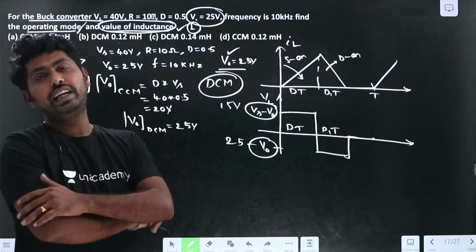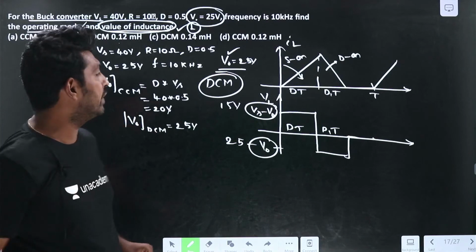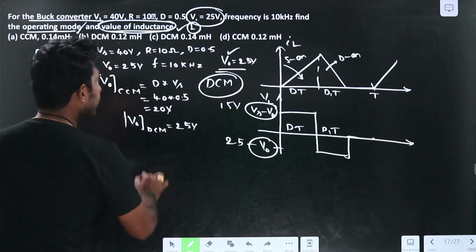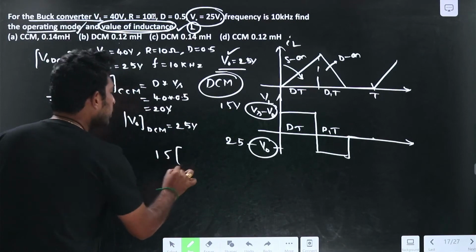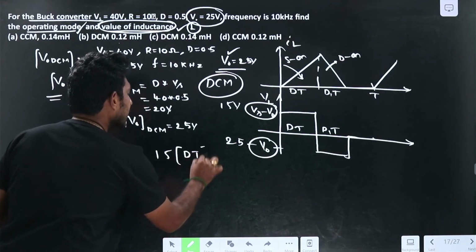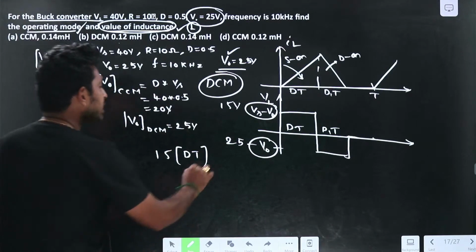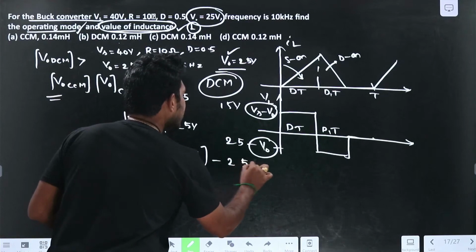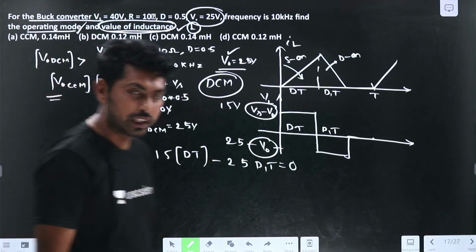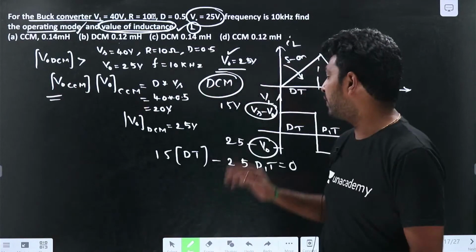Try to find the d1 value. How can we find it? 15 into dT minus 25 into d1T equals 0. From this I can find the d1 value.